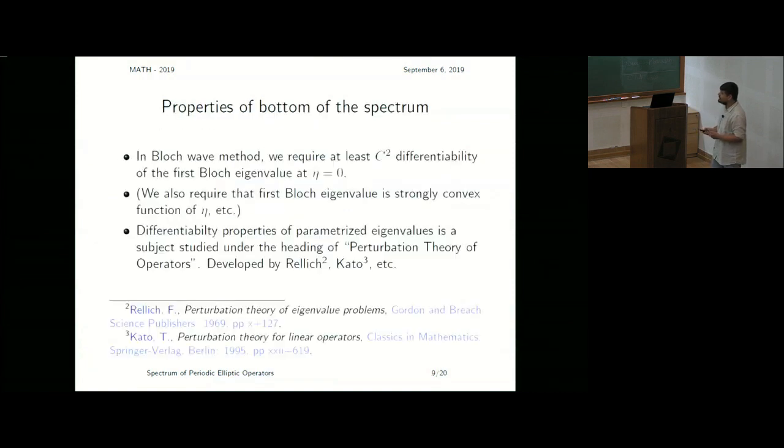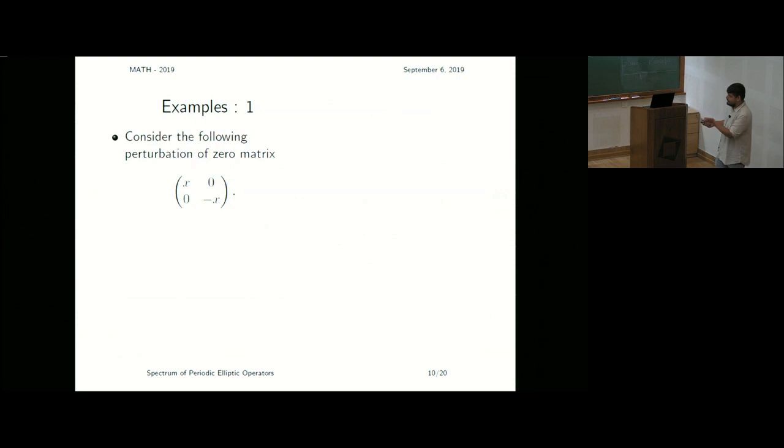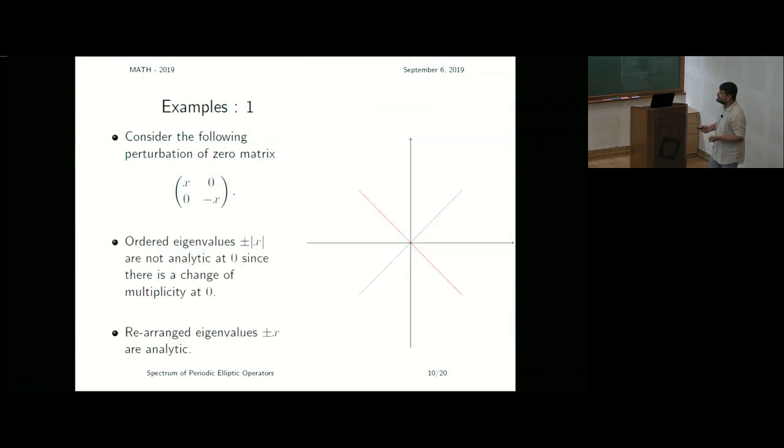I want to say that there are two main difficulties when someone is trying to prove the differentiability properties of parameterized eigenvalues with respect to the parameter. As you can see, for example, all the information is available in the case of matrices. If you consider this parametrized matrix for x in R, then we can write the eigenvalues of this parametrized matrix in two ways.